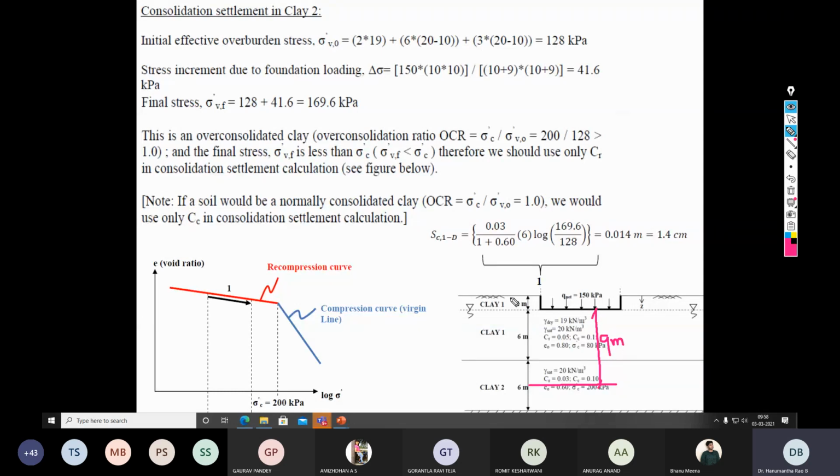From the ground surface, the total depth is 11 meter. So first step is to calculate the initial effective overburden pressure when the footing was not constructed.